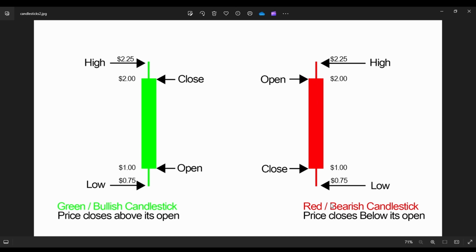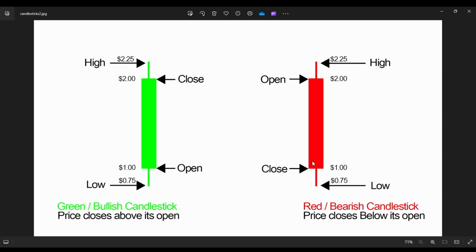On the opposite end, we have the red bearish candlestick. The sellers won this time frame, this candlestick in the 5 minutes. Price opened at $2. Remember, in order to be red, it has to close under its open. So it opened at $2. It closed at $1. When it opened at $2, the buyers stepped in, pushed it up to $2.25. It was rejected by the sellers.